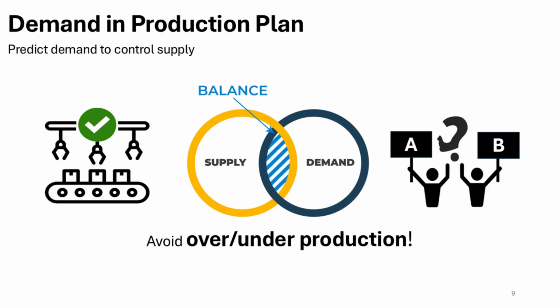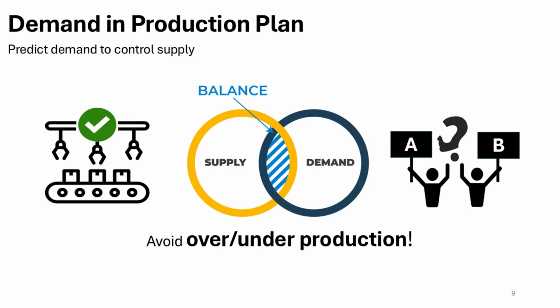While our production plan is mathematically sound, it lacks one critical ingredient: the customer. To be truly successful, we must balance our supply with the actual demand from the market. If we produce 32 tablets but the market only wants 10, we have wasted our resources. The goal illustrated here is to find the perfect overlap between what we can make and what people want to buy.